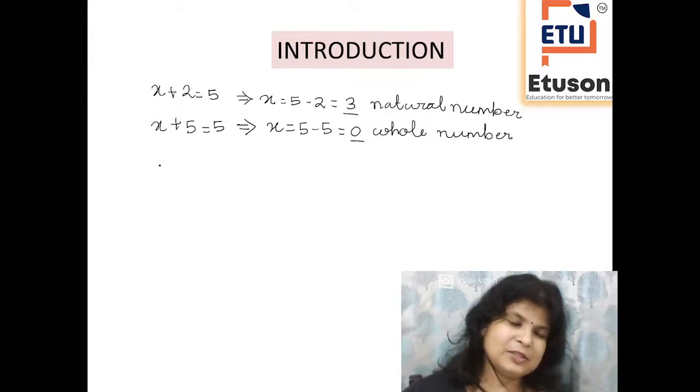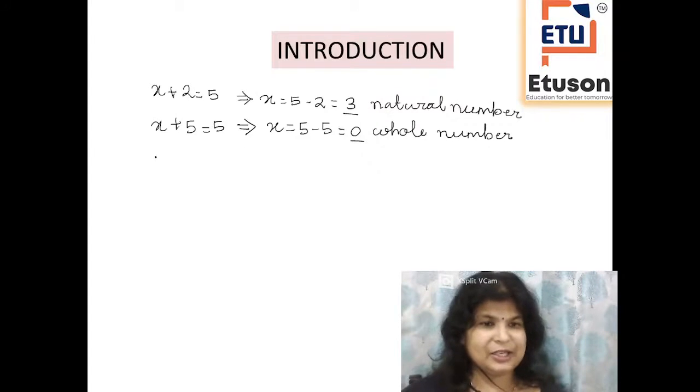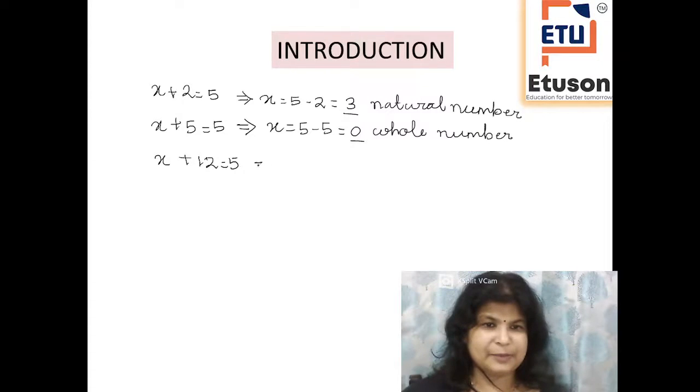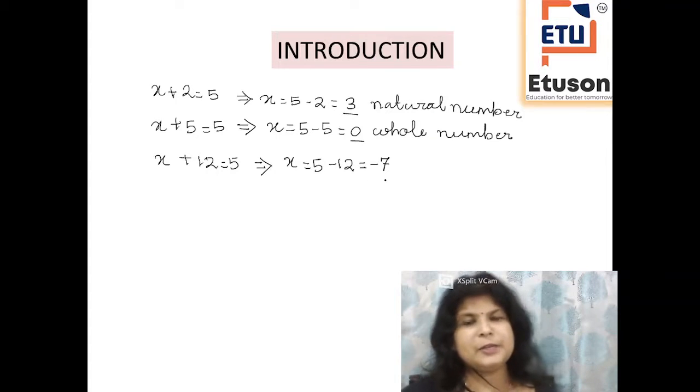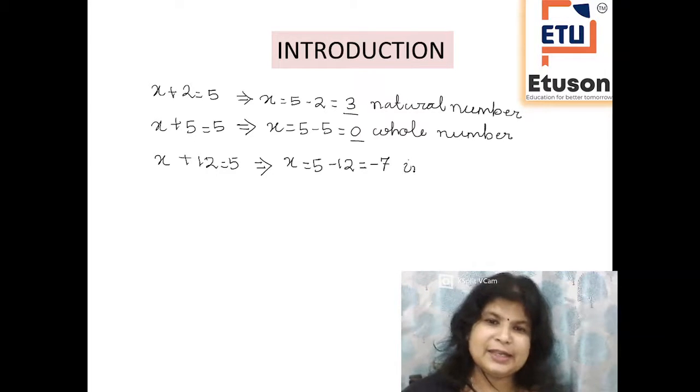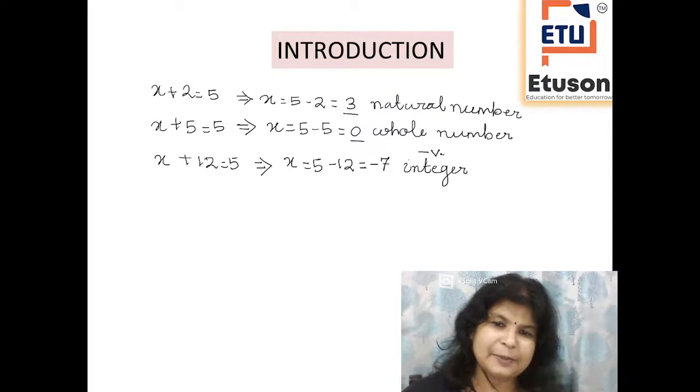Correct. Now suppose your linear equation is in this form. Suppose x plus 12 is equal to 5. It implies what is your x value? x is equal to 5 minus 12, that is equal to minus 7. Now what kind of number is this minus 7? Is it a natural number? Is it a whole number? No. Then what is it? It is a kind of integer. And what kind of integer is it? It is a negative integer.